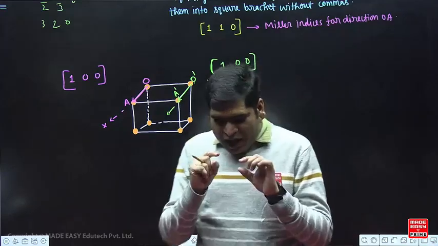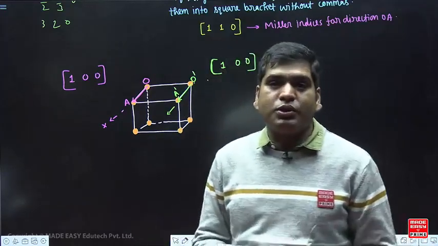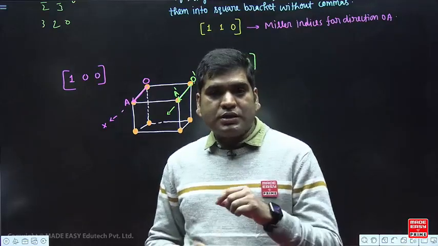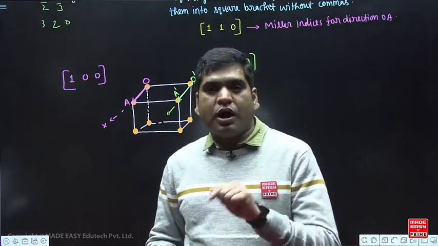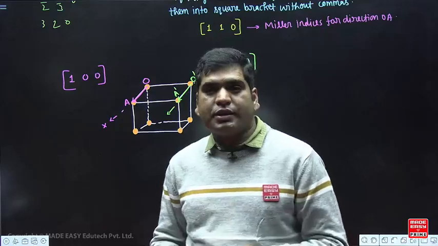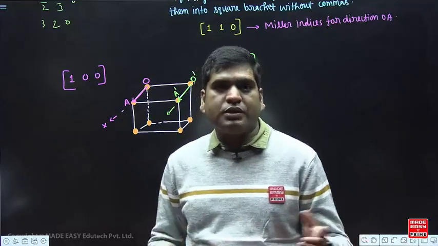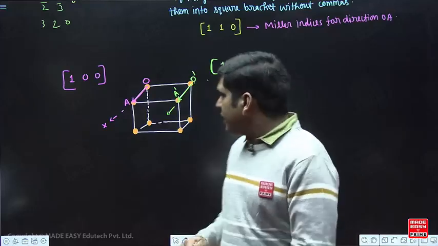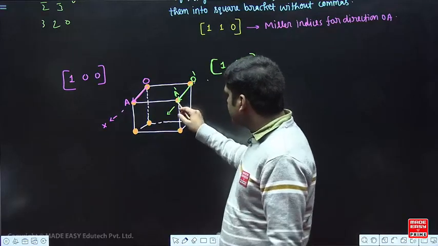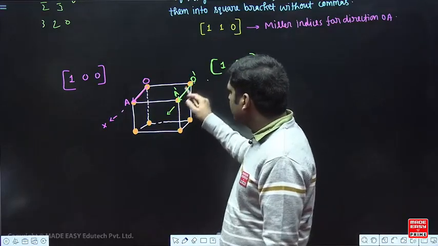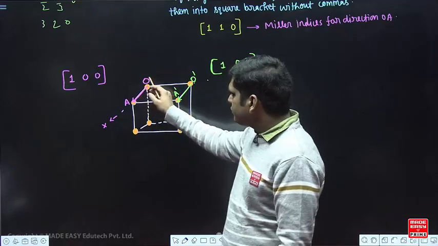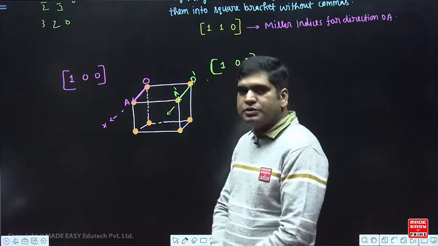Since we have freedom to select the origin, any corner atom of the unit cell we can take as the origin point and define the crystal coordinate system. So, we can take this point as origin to calculate the Miller indices for this line. Similarly, we can take this point as origin to calculate the Miller indices of this line.